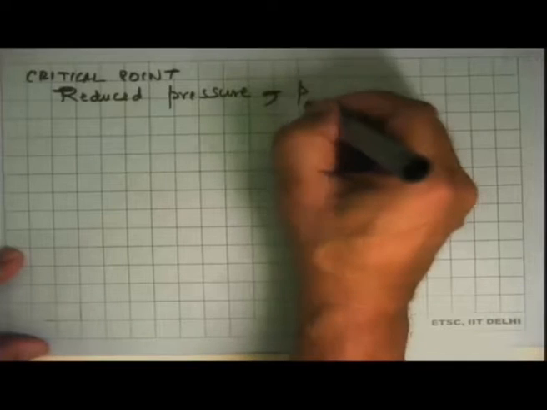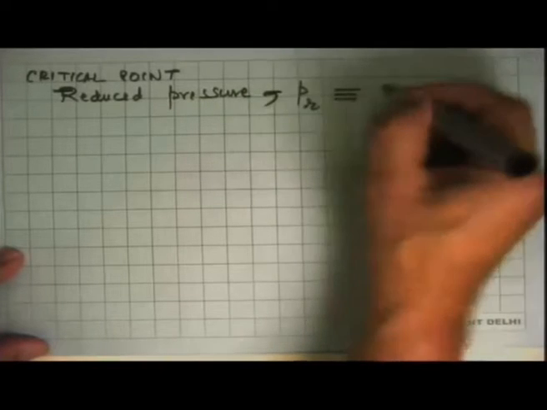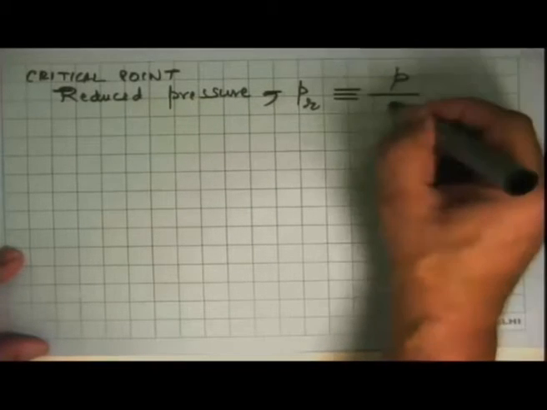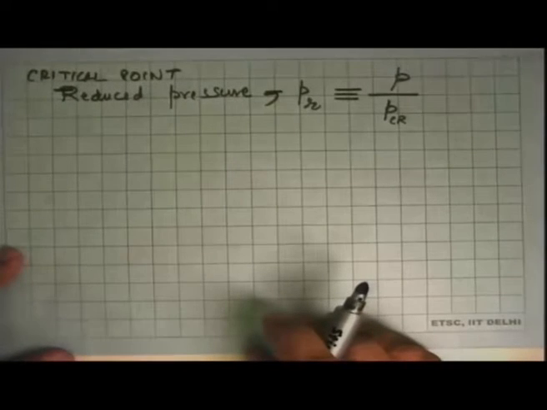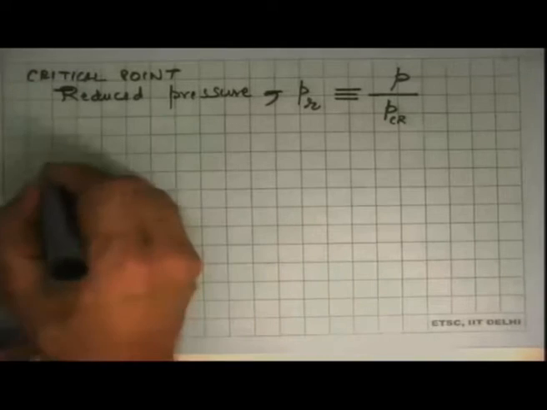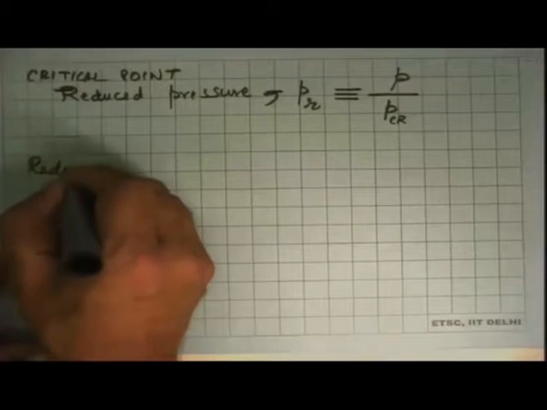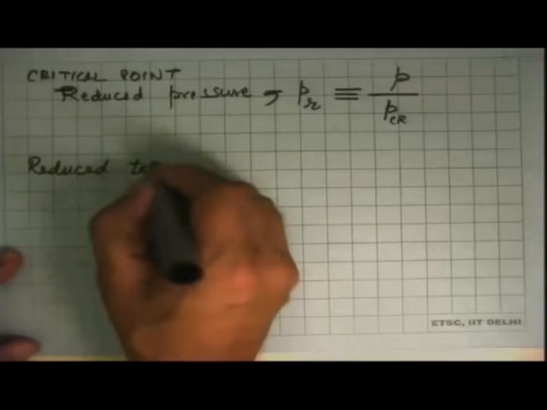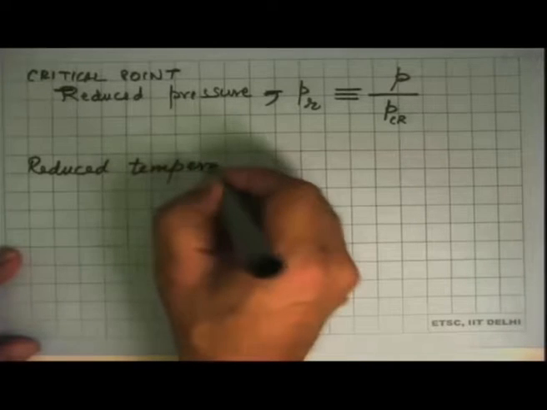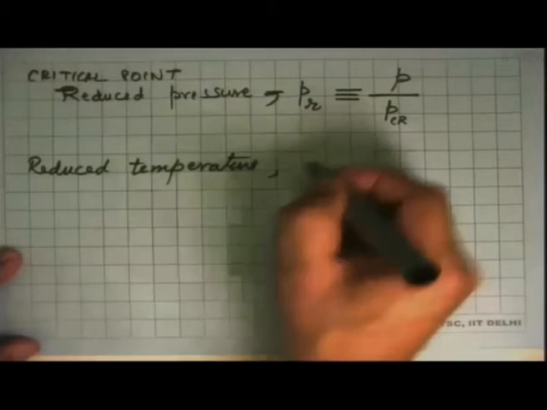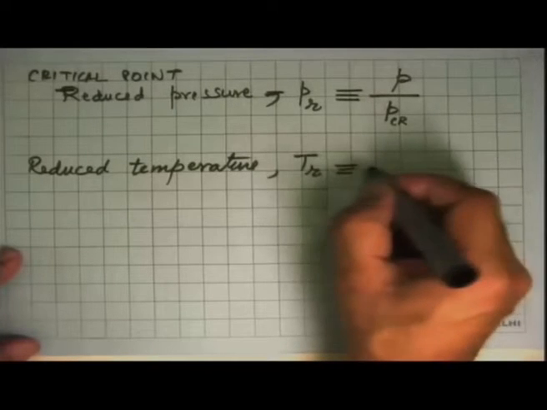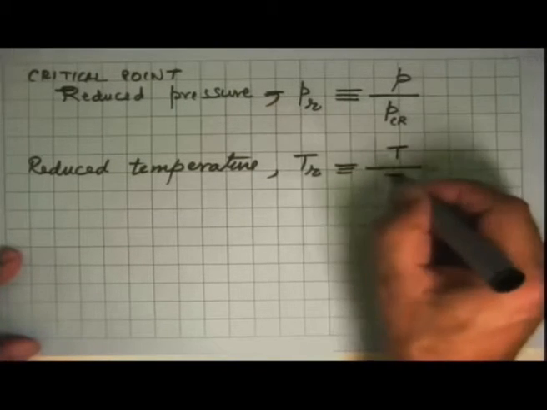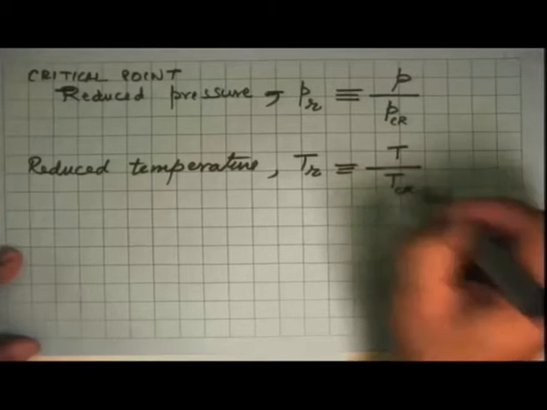We call this PR, defined as the actual pressure at that state divided by the critical pressure. And similarly, reduced temperature, TR, defined as the actual temperature divided by the critical temperature.